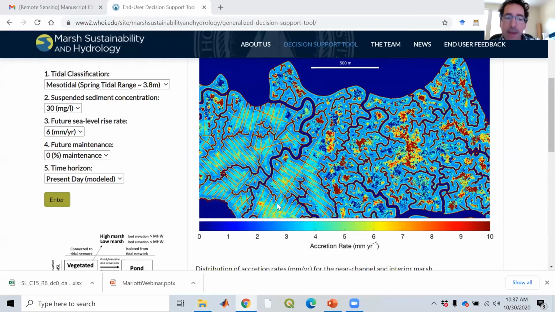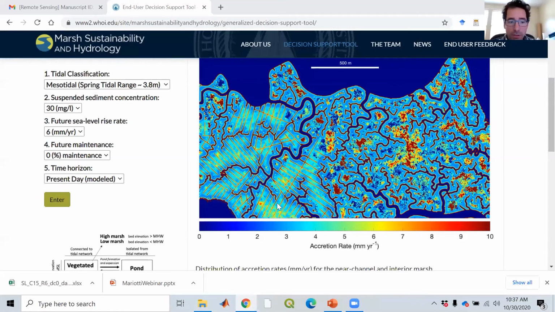Again, the baseline without ponds, without ditches, is mostly the MEM evolution model, so organic accretion as a function of elevation, and then inorganic deposition depends on elevation and distance from the channel. So that is always present, and the result will be higher marsh will accrete less because of less organic and less inorganic accretion, and the lower the marsh, the more it will accrete.